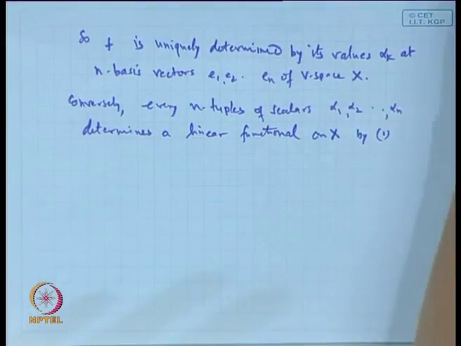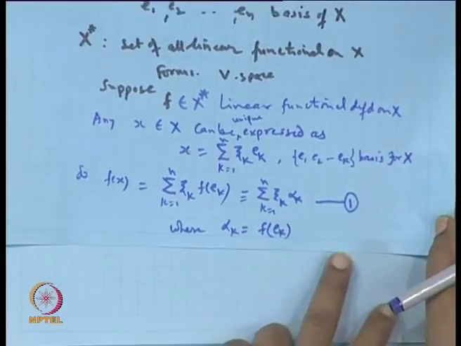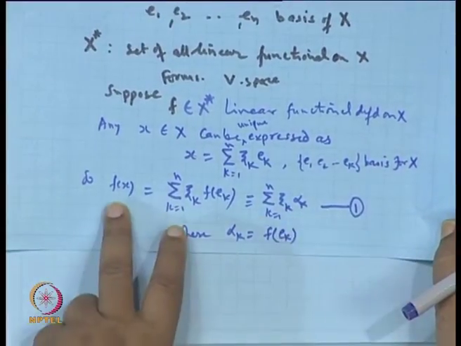Because this is equation (1), and here if we know alpha 1, alpha 2, ..., alpha n, then we can.